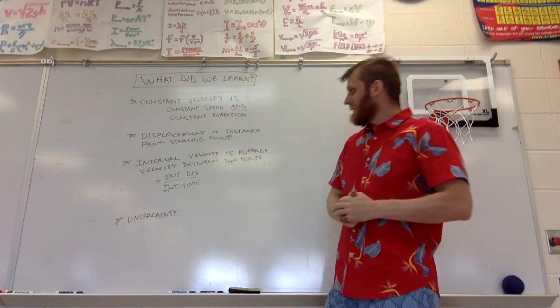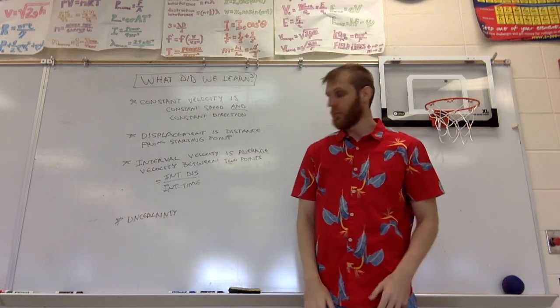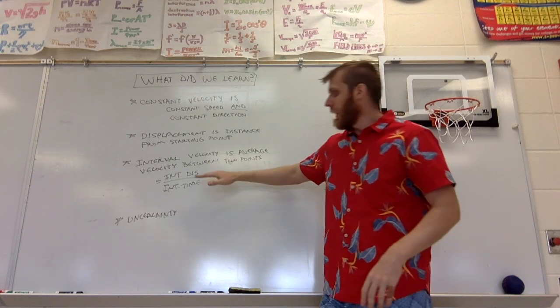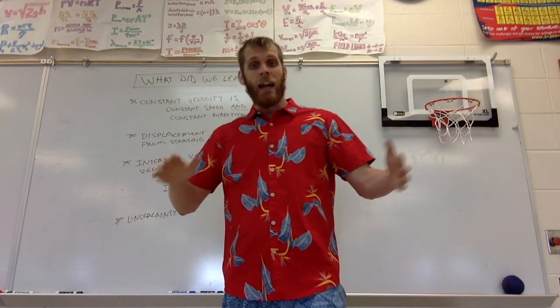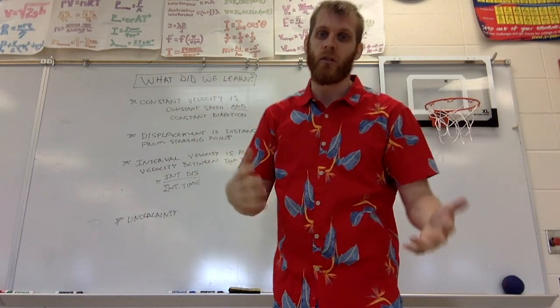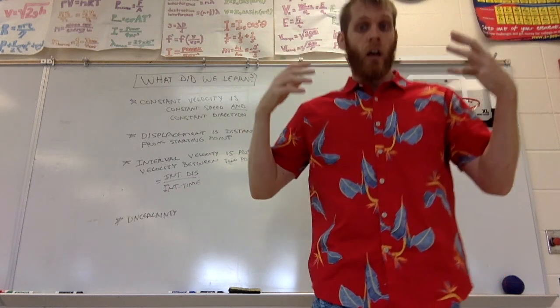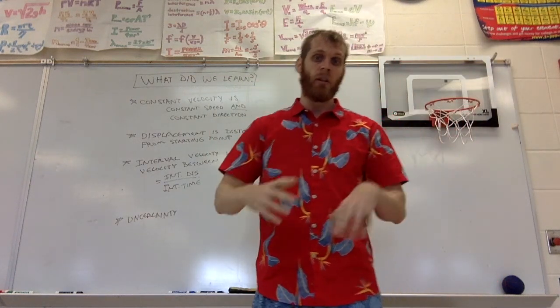Interval velocity is the average velocity between 2 points, between 2 intervals. And you can find the interval velocity by taking the interval displacement and dividing by the interval time. How much distance between those 2 points and how much time did it take to get between those 2 points. And finally, we learned something about uncertainty. We didn't learn how to calculate it, but we learned that it exists and we need to consider it when dealing with measurements.